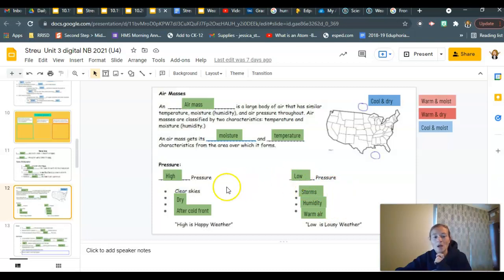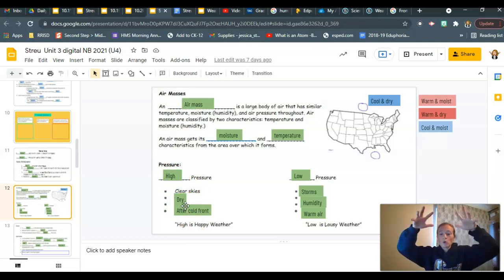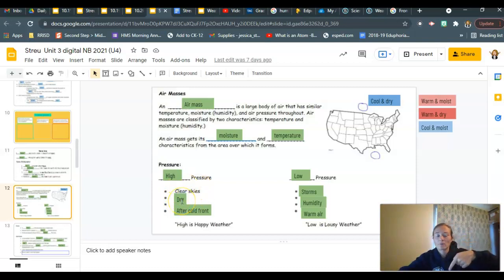Okay. And also just a reminder, because this is super important and I want to help you understand. High pressure is dominated by, we've got clear skies, right? So high pressure is dominated by cooler air sinking down, which creates clear skies up above. That's why we got clear skies right here. Okay. Low pressure is that yucky kind of humid, gross feeling that we've had a lot recently.